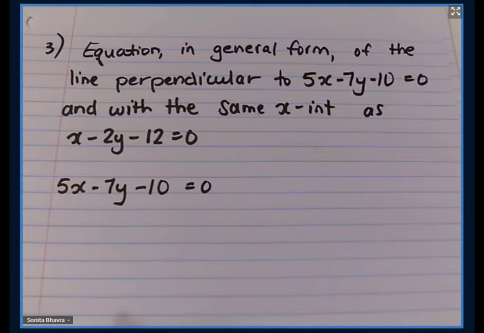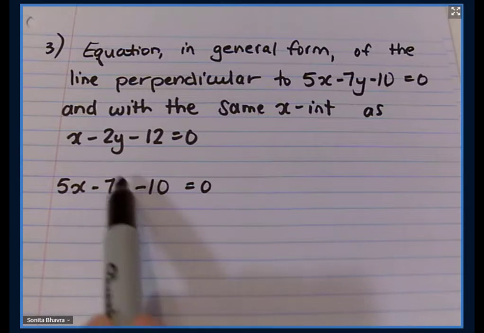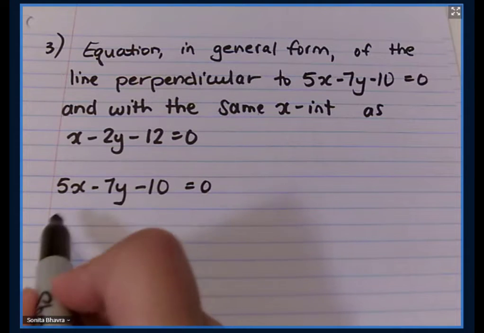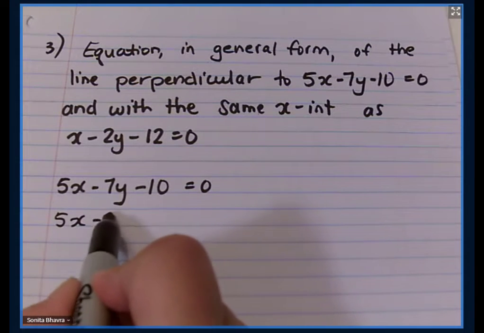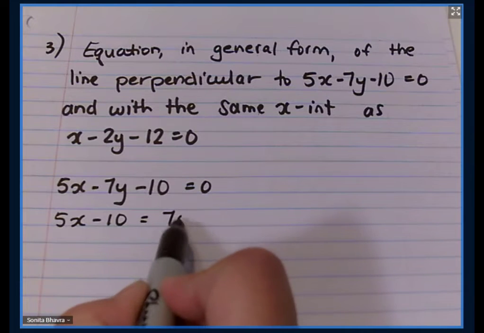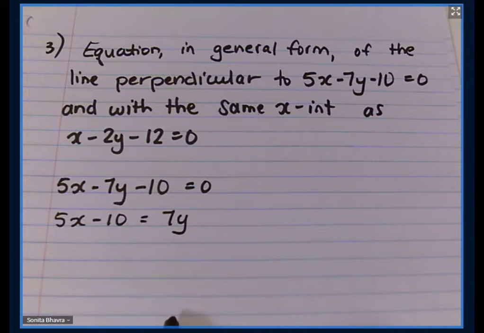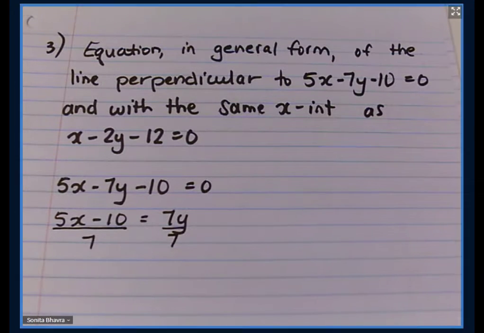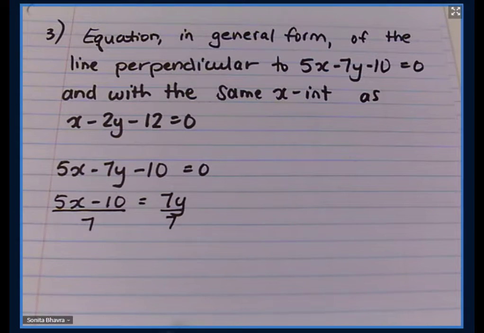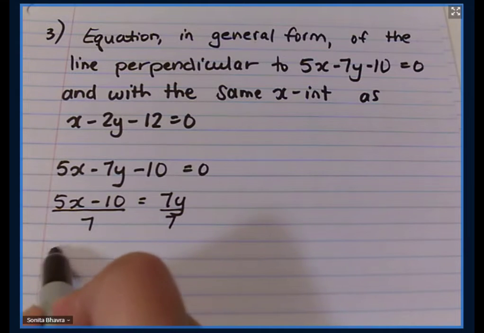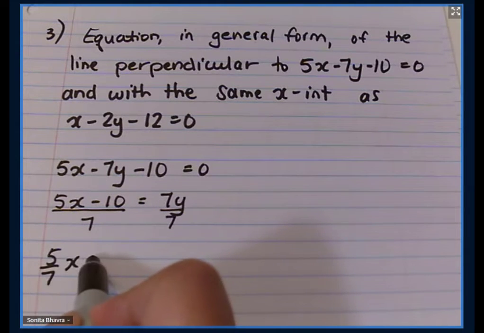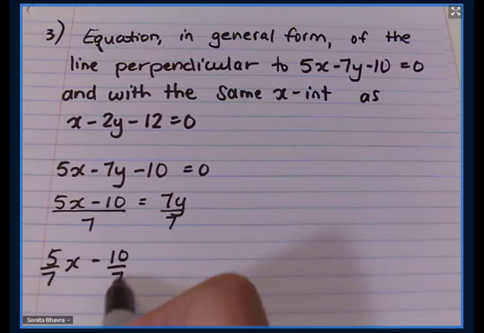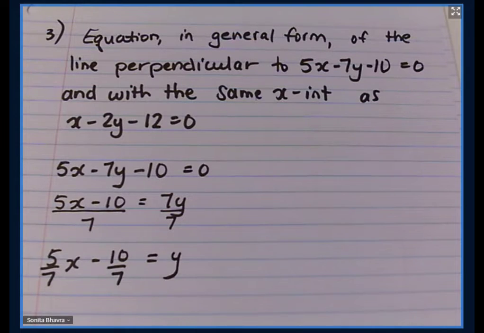I'm going to bring the 7y over to this side. So we have 5x minus 10 equals 7y. And then I'm going to divide by 7, and that gives me 5 over 7 x minus 10 over 7 is equal to y.